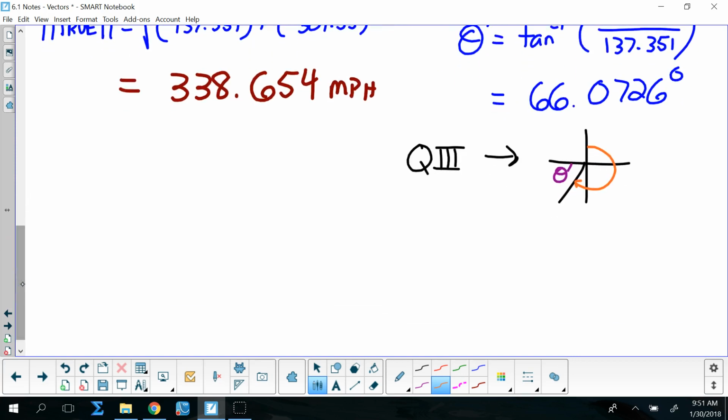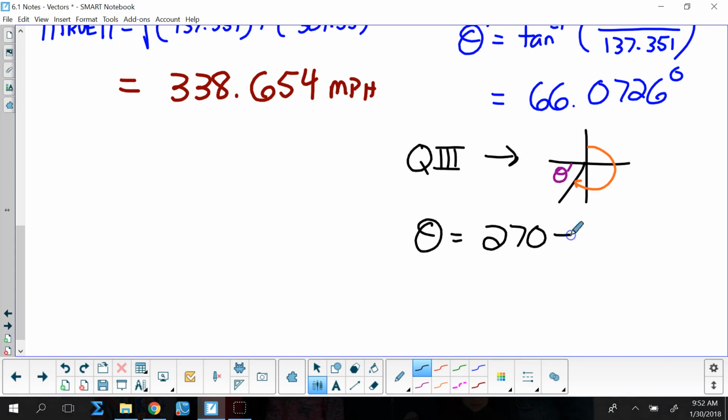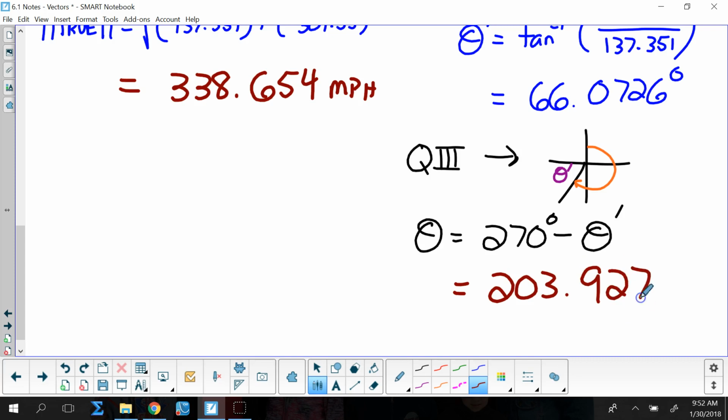So theta here is going to be 270 minus my reference angle, which would be 203.927 degrees, but because they gave it to us in a heading, south 25 degrees west, we should give that one in terms of a heading. Our answer should really be given in terms of a heading.